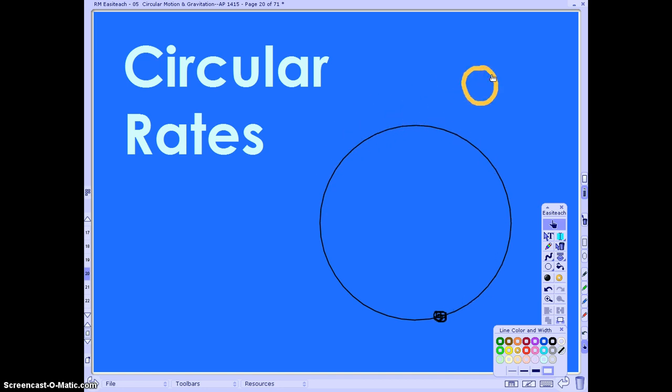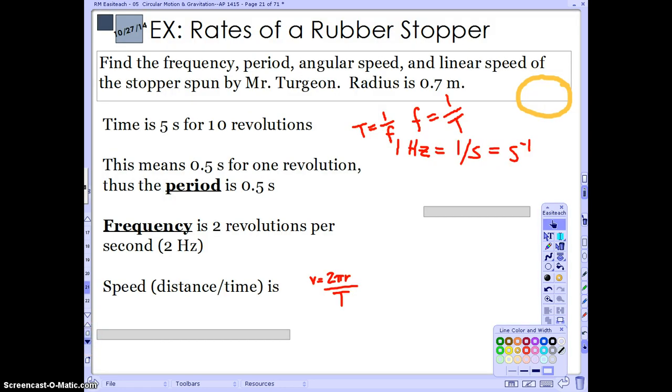Linearly, that speed is distance over time, so it's 2 pi r over the time period. And that time period is a capital T. I should have emphasized that. So look, this capital T is telling me not just any arbitrary time, but specifically the period. This is a lowercase f for frequency. This is a capital T for period.